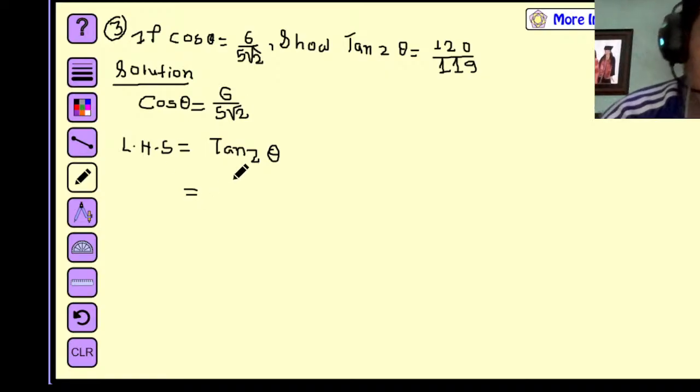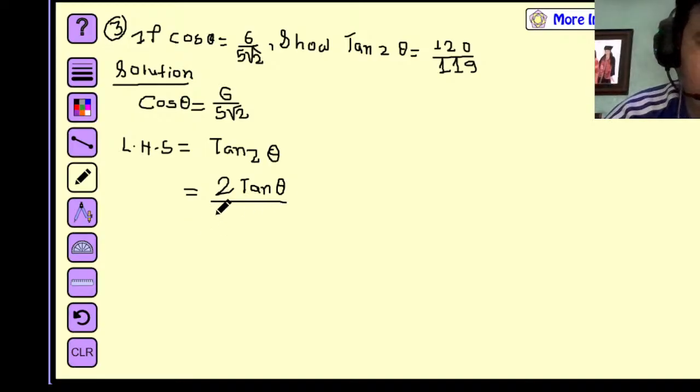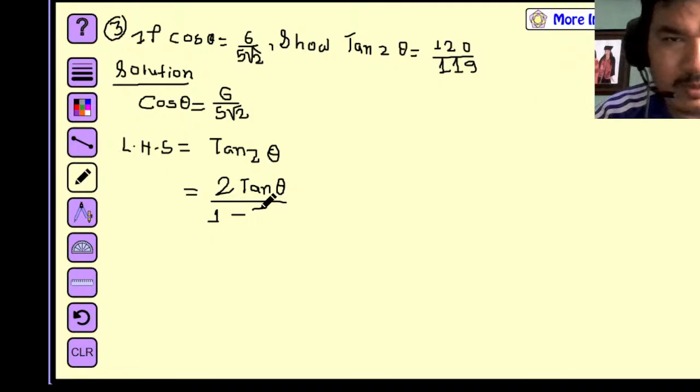As we know, tan 2 theta means, as we just wrote in the previous question also, 2 tan theta upon 1 minus tan square theta.